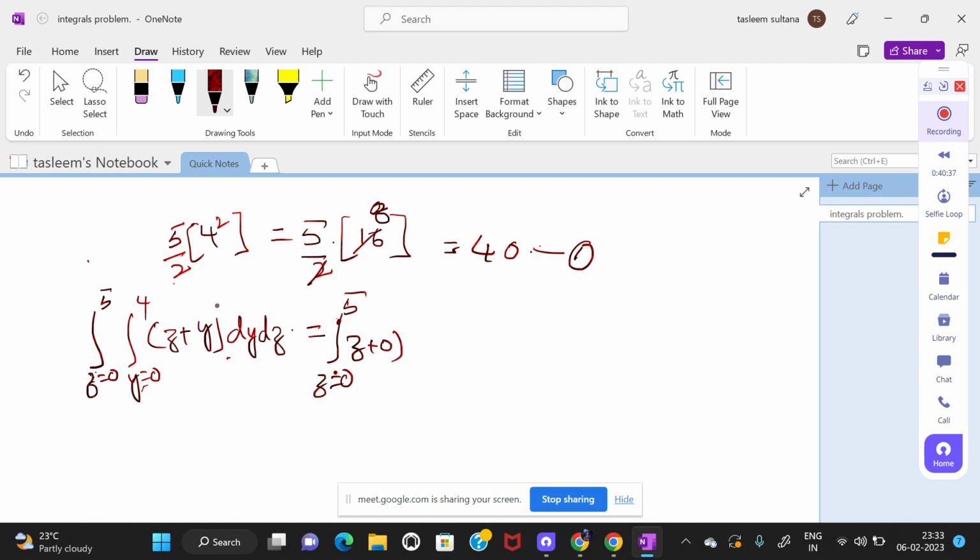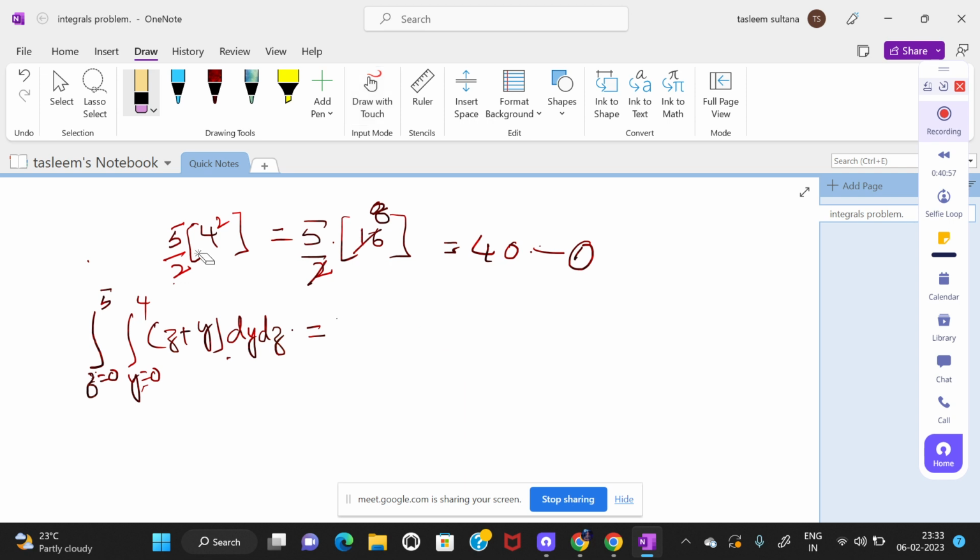Z plus 0 into dy into dz. It's equal to your limit. I missed one limit. You got that integration as 50, right? Shall I write 50 directly or shall I do that one?